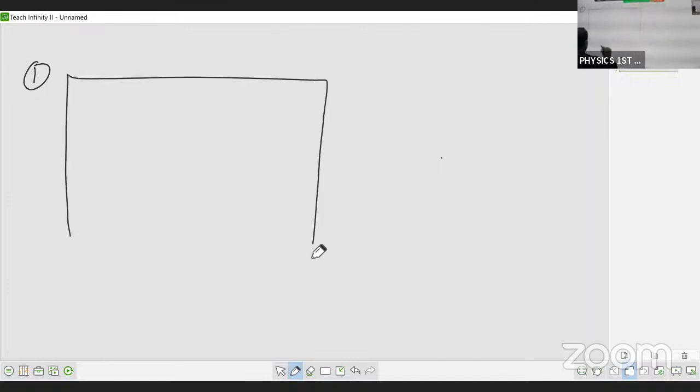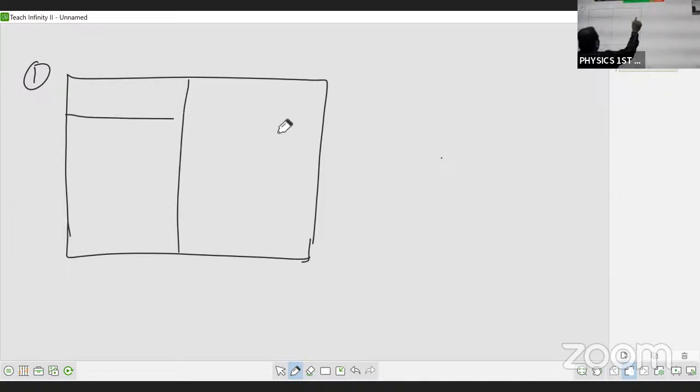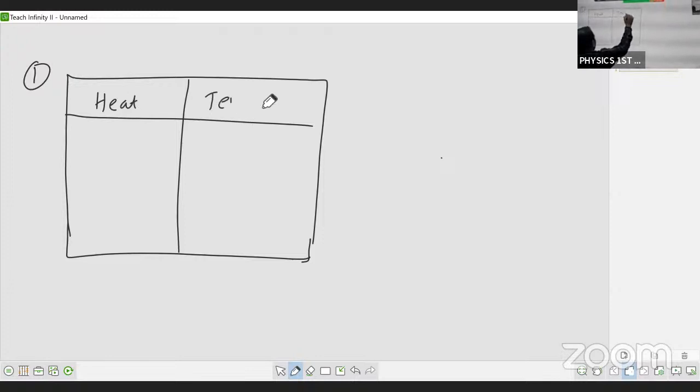Write any two differences between heat and temperature. Number one, just 2 points are enough, student. For each individual VSAQ, each individual line, you can get 1 mark. Distinguish between heat and temperature.